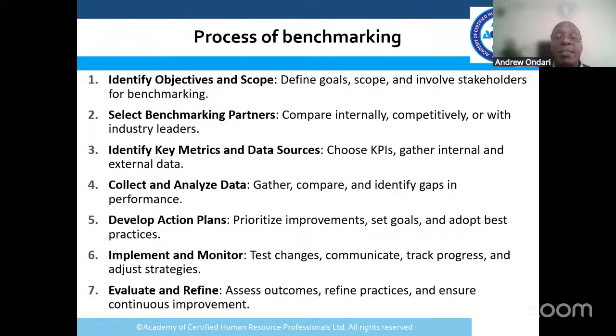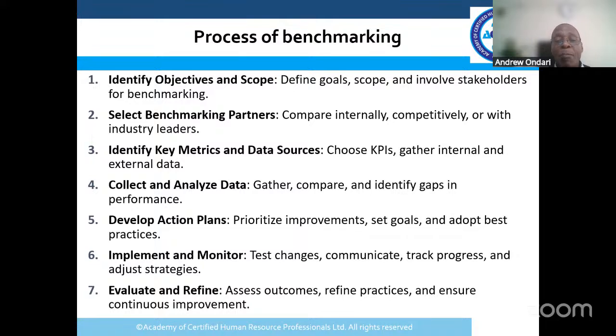So how much does it cost to train one employee? And again, you look at the total cost of training, you divide that by the number of trainees. So that will give you an average cost. So that becomes a KPI.